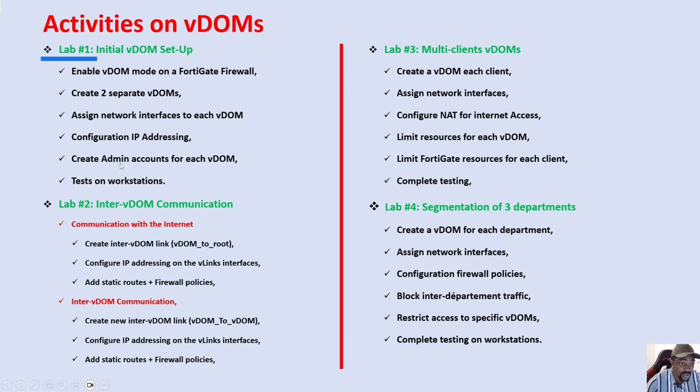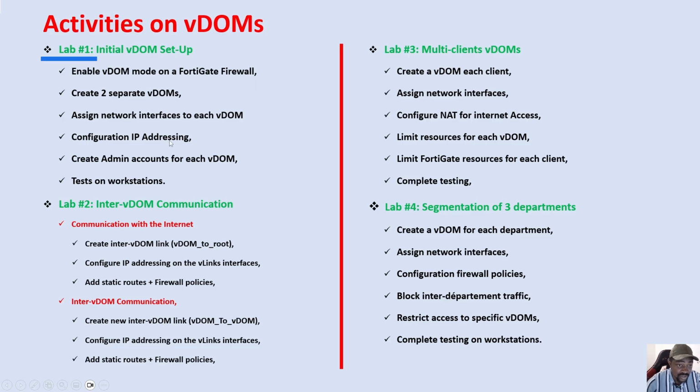Then we also configured administrator accounts for each vDOM, and saw the differences between an administrator of a vDOM and an administrator of the global FortiGate, or let's say the physical FortiGate. We also saw the permission level that each of those accounts has.